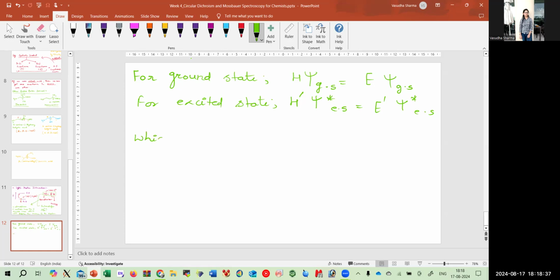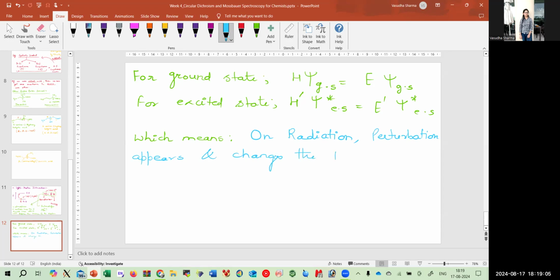Which means on radiation, perturbation happens and changes the Hamiltonian, and therefore changes the energy.